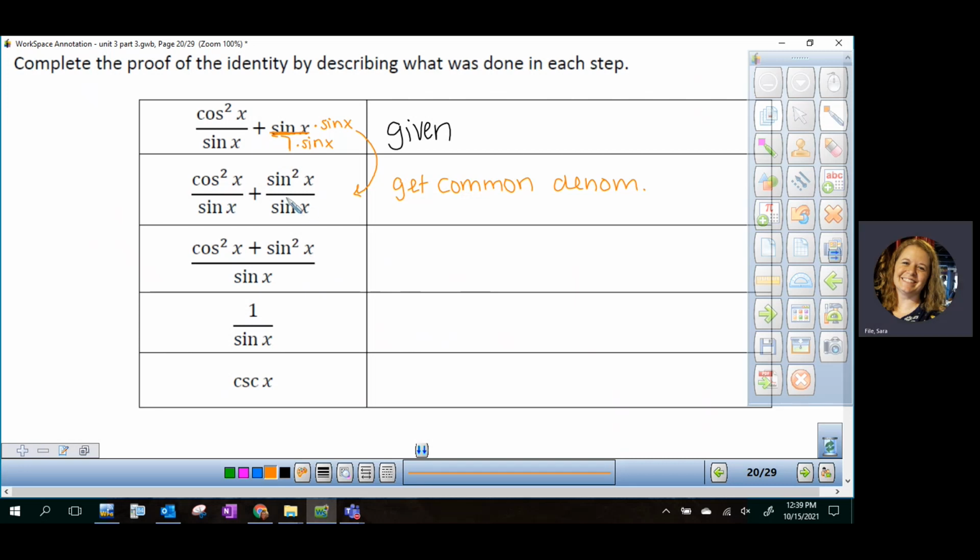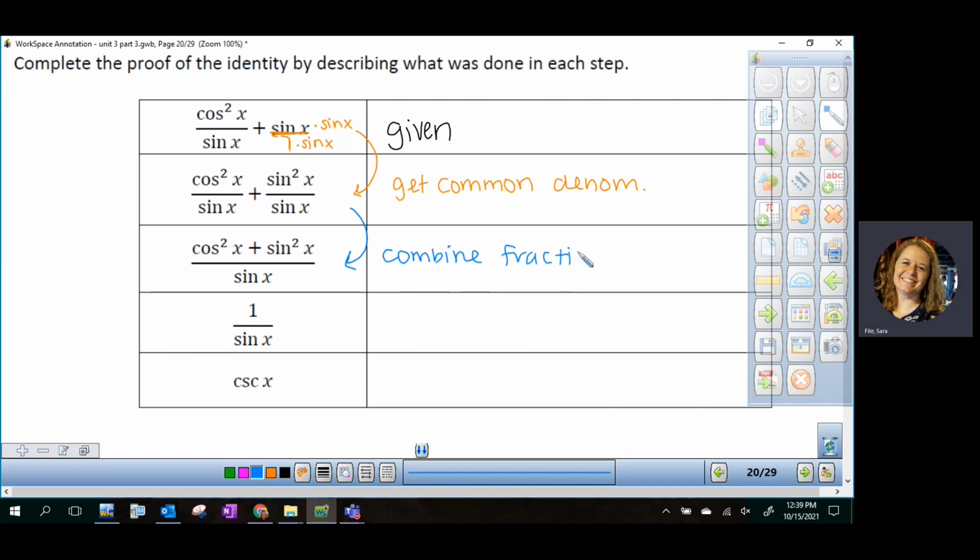Now that they have a common denominator, what did they do next? Say it a little louder, I didn't hear. It's not really canceling out, but see how it was written as 2 separate fractions and now it's written as 1? They combined the fractions because when you have a common denominator, you can do that.